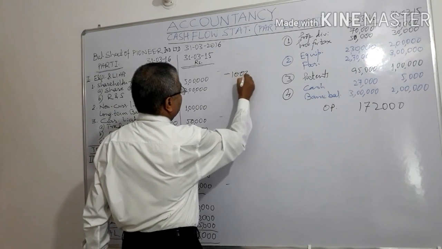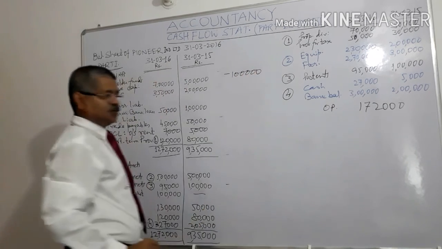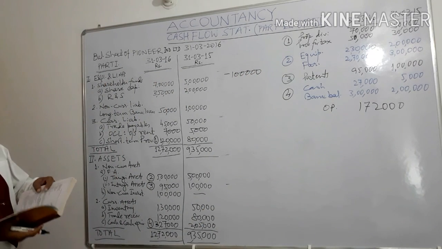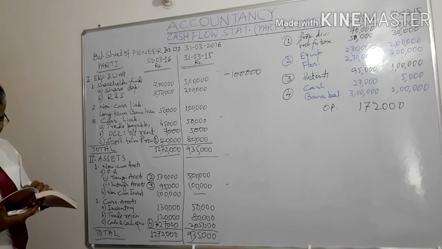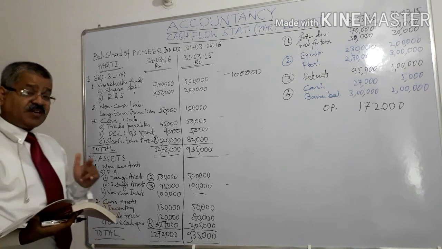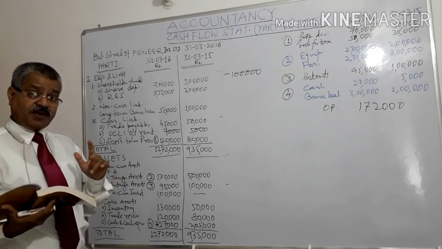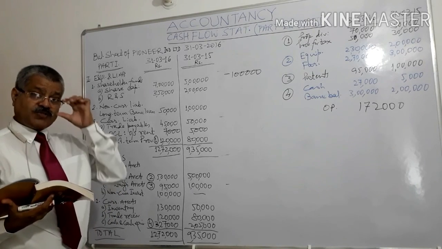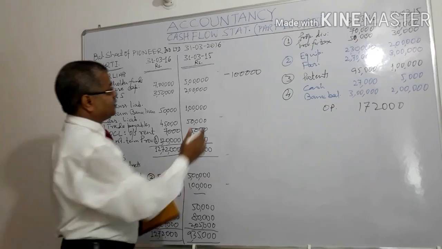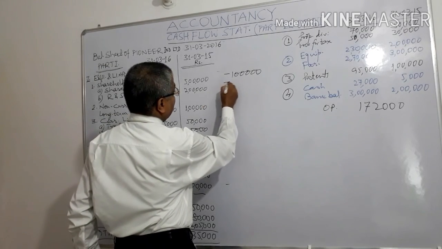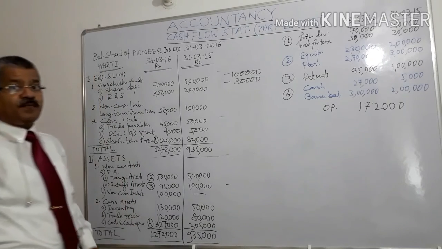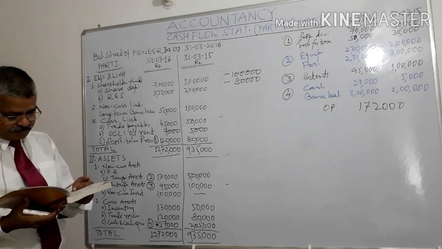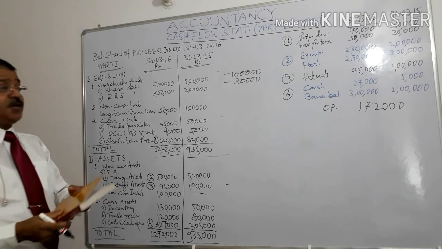We have invested, so 100,000 is outflow, okay? Investing activity. Then purchase of new equipment. During the year, equipment costing 80,000 was purchased. So when we purchase fixed assets, cash goes out. So outflow of cash.